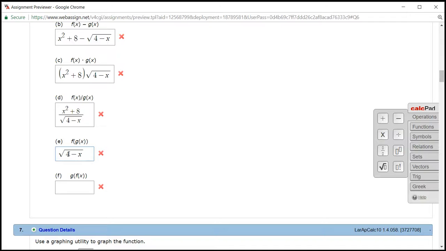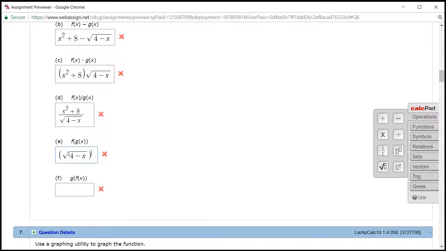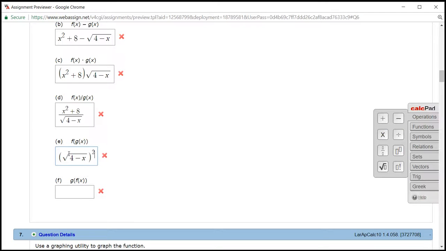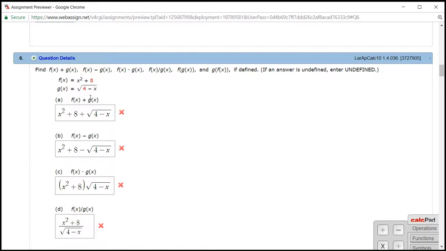Then we have to square this, and then we're going to have to add 8 to it. Oh, actually, this might not be a good place here. Plus 8.